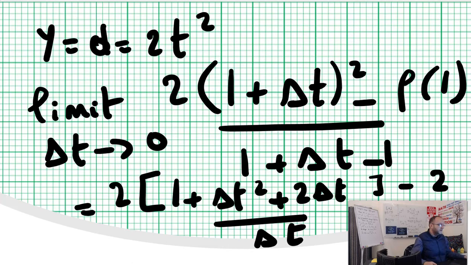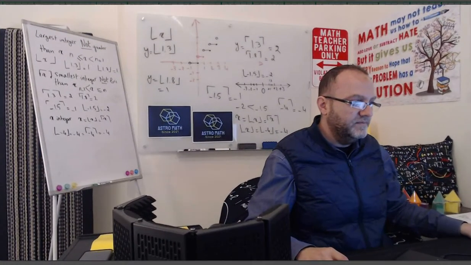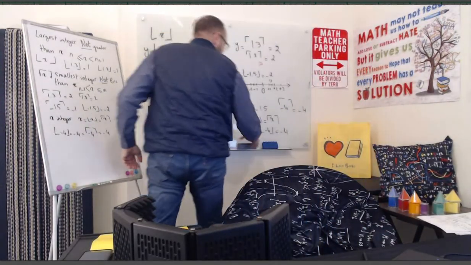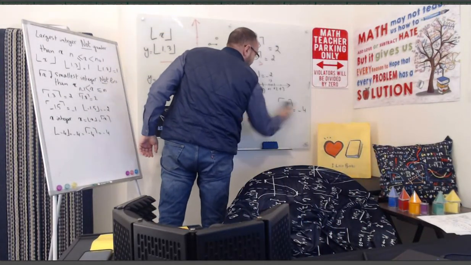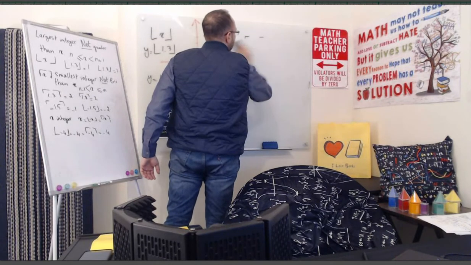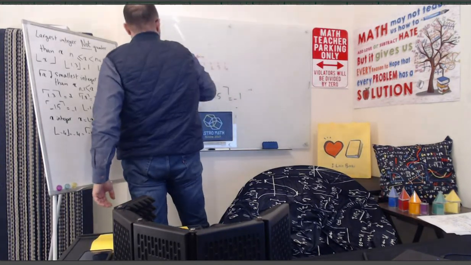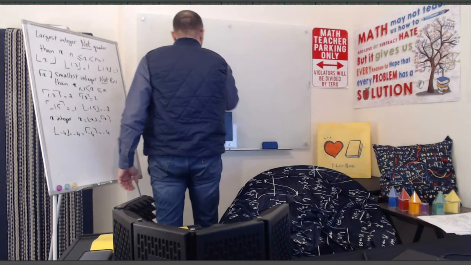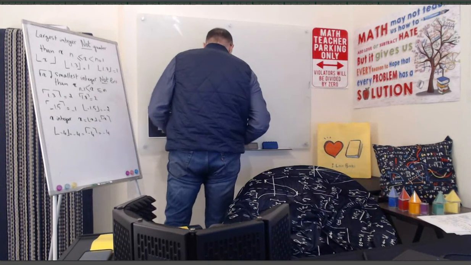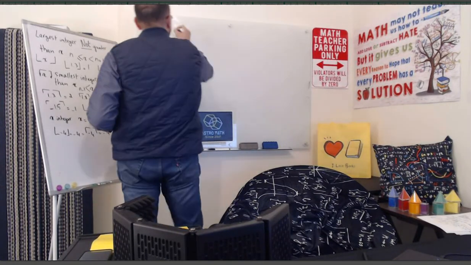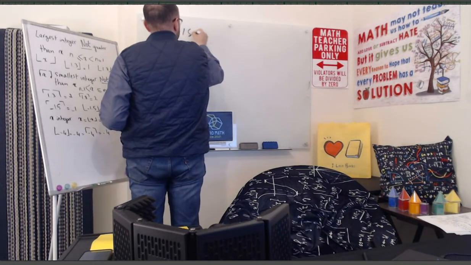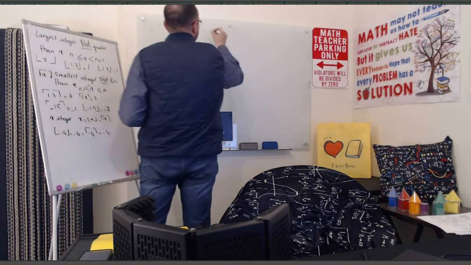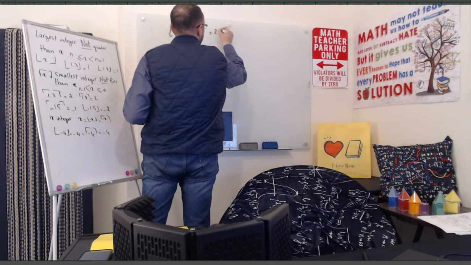Okay, let me go to the board. Maybe this way you can see it better. Let's erase that. And I'm doing this whole thing just to show you that you can add this delta t to any point on the graph. So if you start from a point t time equal 1 second, what is the graph itself? The graph itself is f of x equal 2t squared.